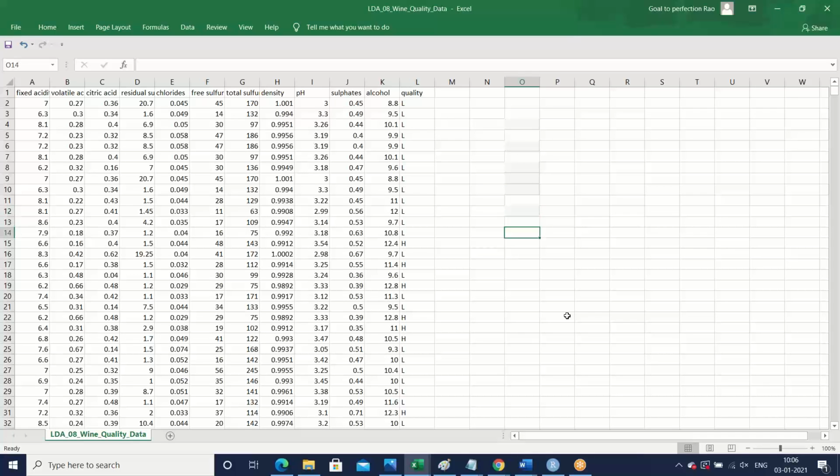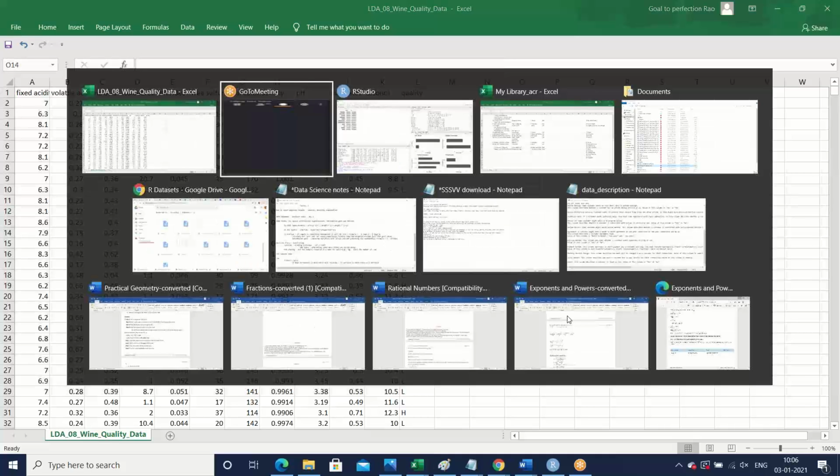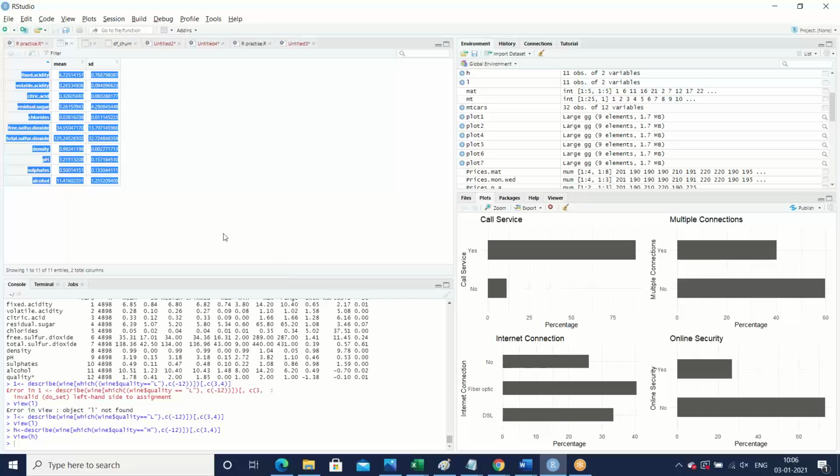The stuff that you're copying is not getting copied properly. Just go back to R once. Now do one thing, just click outside. Click somewhere over here. Now select from this portion of fixed acidity. Start selecting from fixed acidity, and now press Control C.